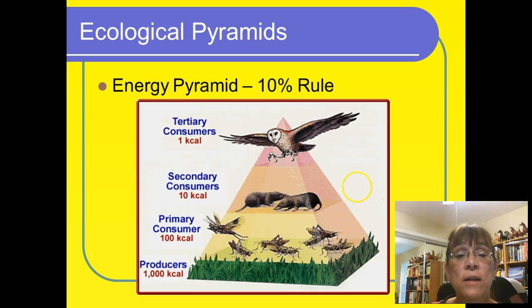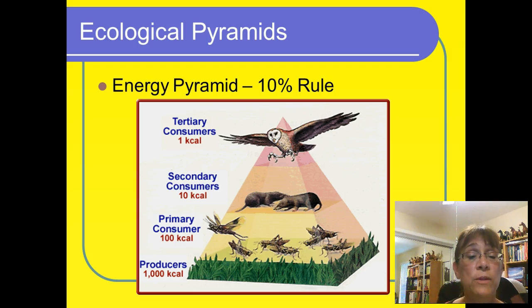This is showing it in pyramid form, and instead of showing it in grams, we're actually going to show it in calories. So it can be done this way too. And this is, again, the 10% rule. At every exchange of energy, there is heat loss of 90%, so only 10% of that energy moves to the next level.